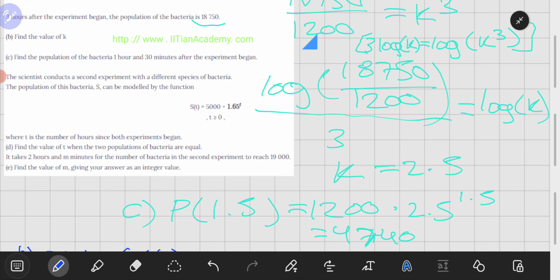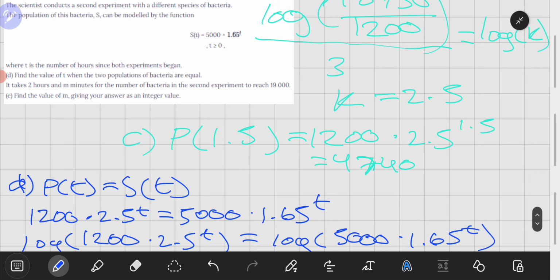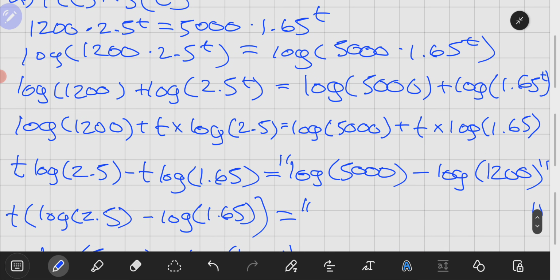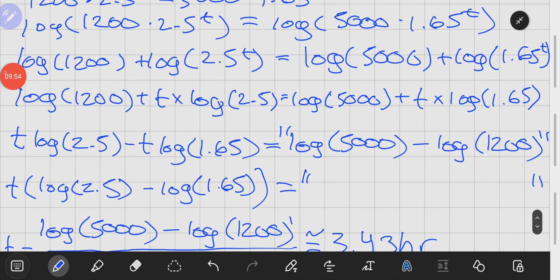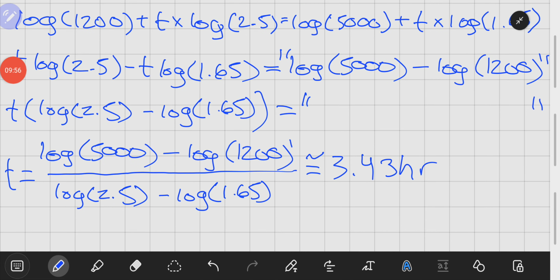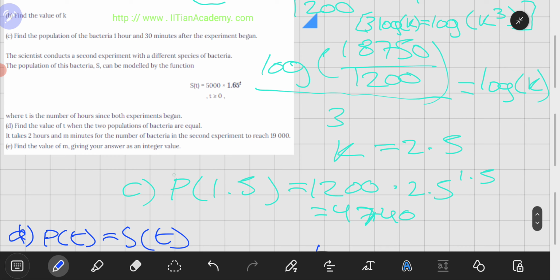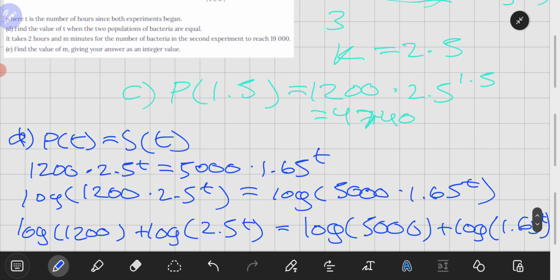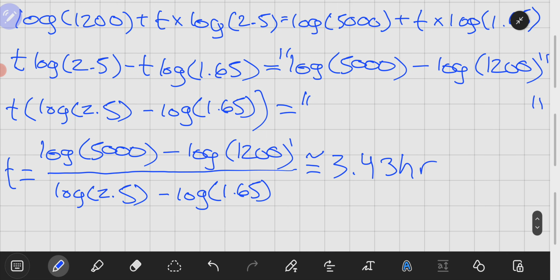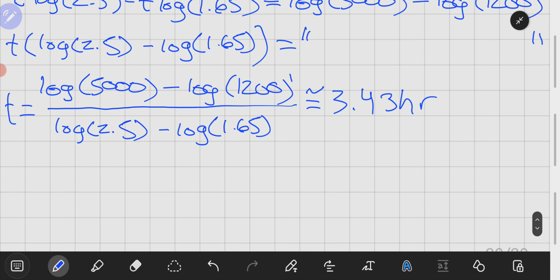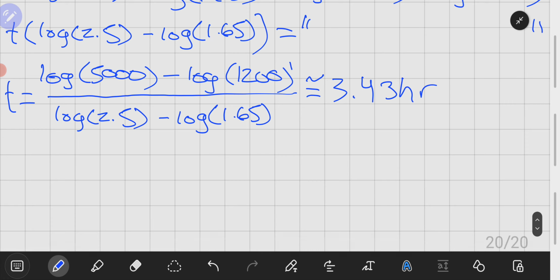So for our second equation, we're asked to find the value of m minutes if it takes 2 hours and m minutes for the number of bacteria in the second experiment to reach 19,000. So we're just asked to find time, essentially. So yeah, we'll just solve for our second equation and find time.